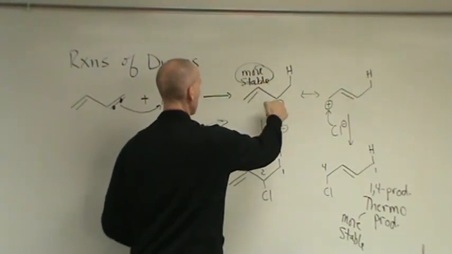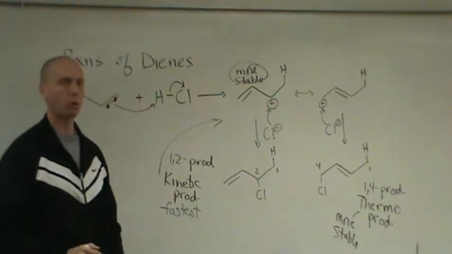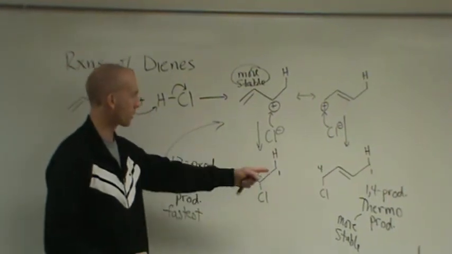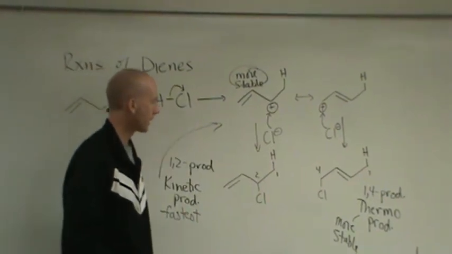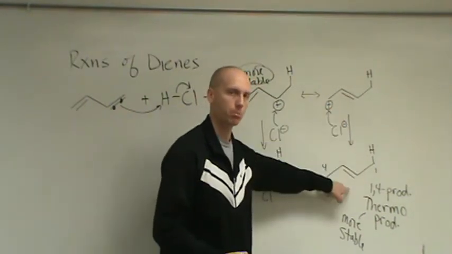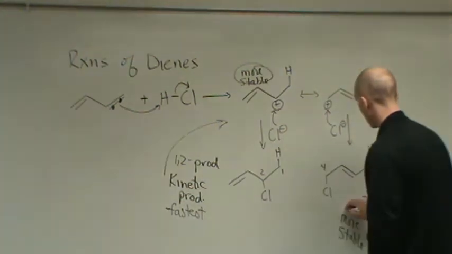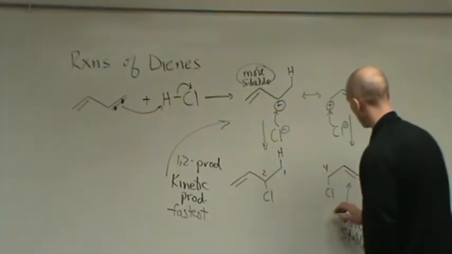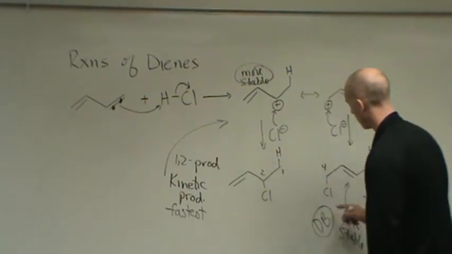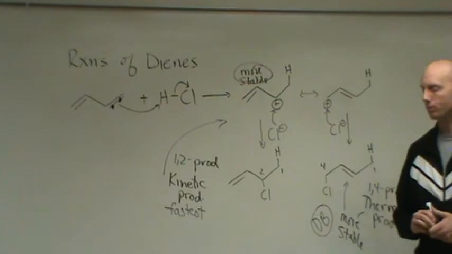So since this one is the more stable intermediate, this product here forms the fastest. Whereas for the thermodynamic product, it is the more stable product, not the intermediate, the product. Why? Because the double bond that forms is more stable.